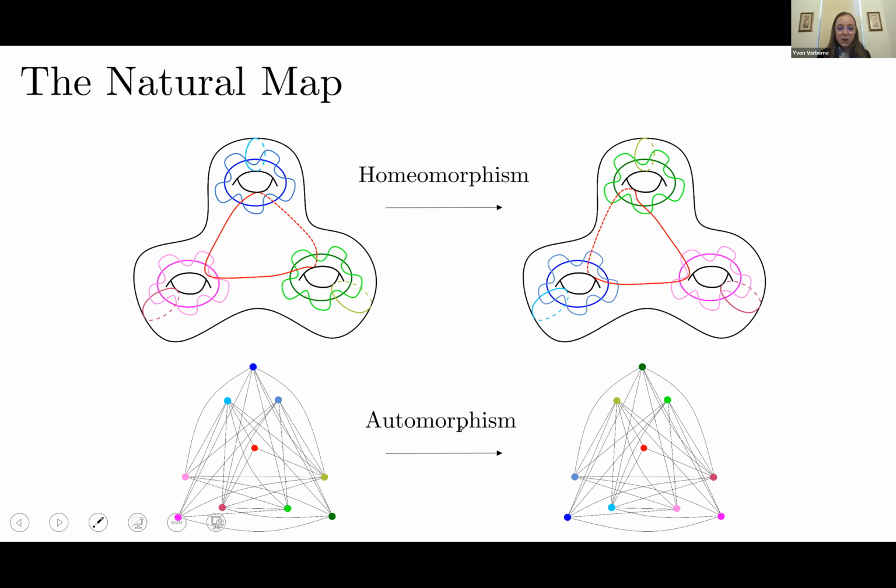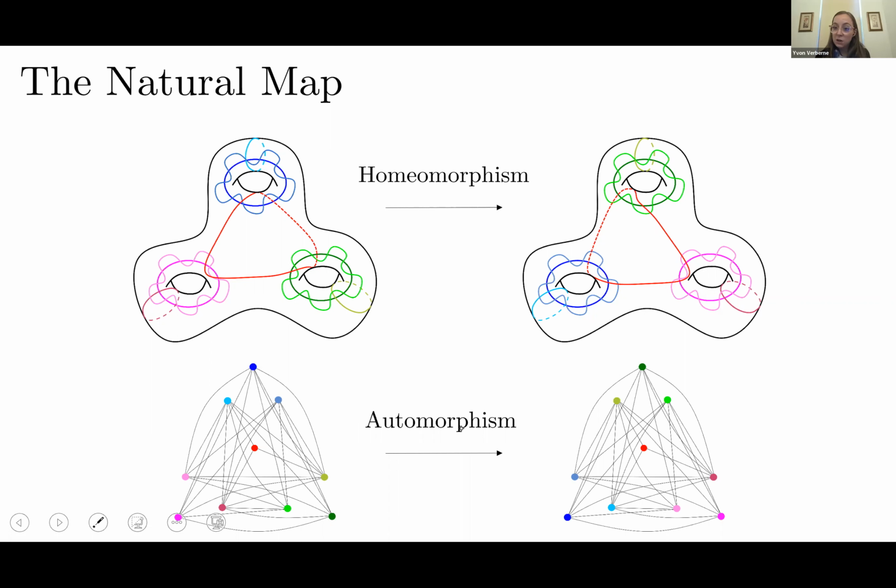If we look below on the bottom left, we see a subgraph of the fine curve graph corresponding to the curves in the surface above. When we do the homeomorphism of the surface, since disjointness is preserved, we see that if there's an edge, it's going to stay an edge in the fine curve graph. So we end up seeing that the homeomorphisms of the surface induce an automorphism of the fine curve graph.